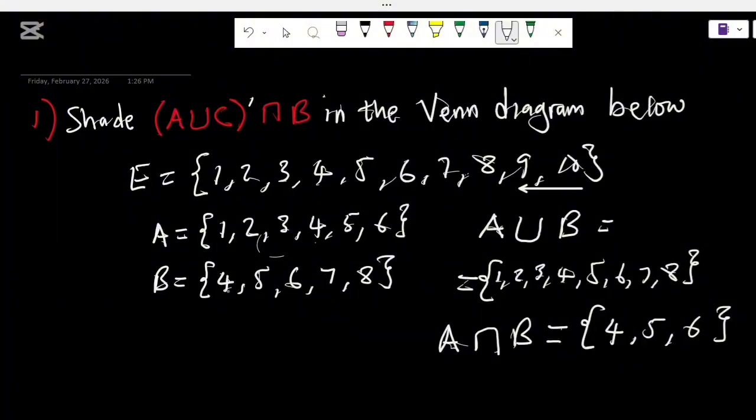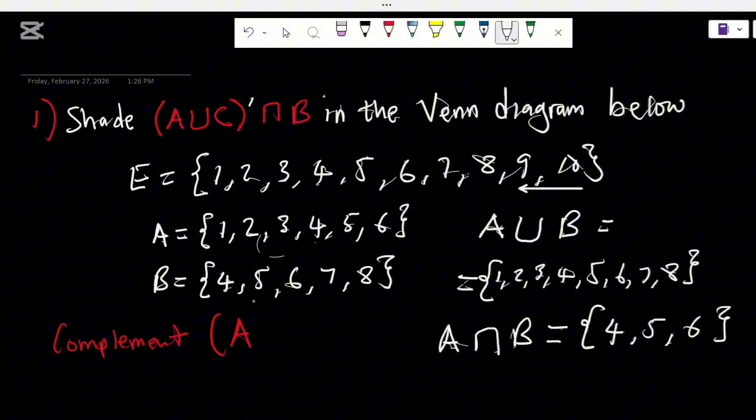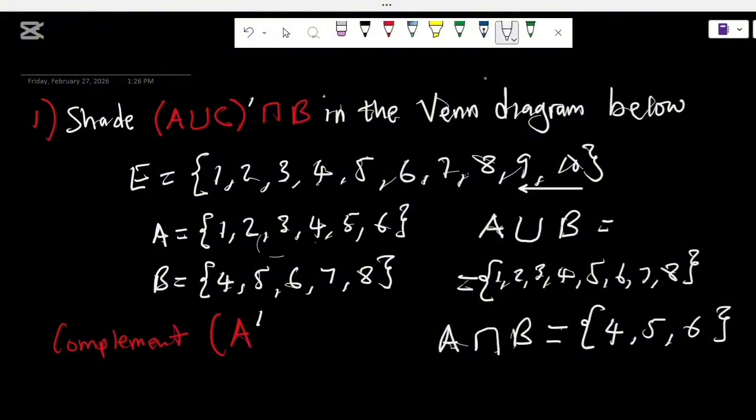But the third point which you have to understand, and that is complement. So complement is written as this. This is complement.